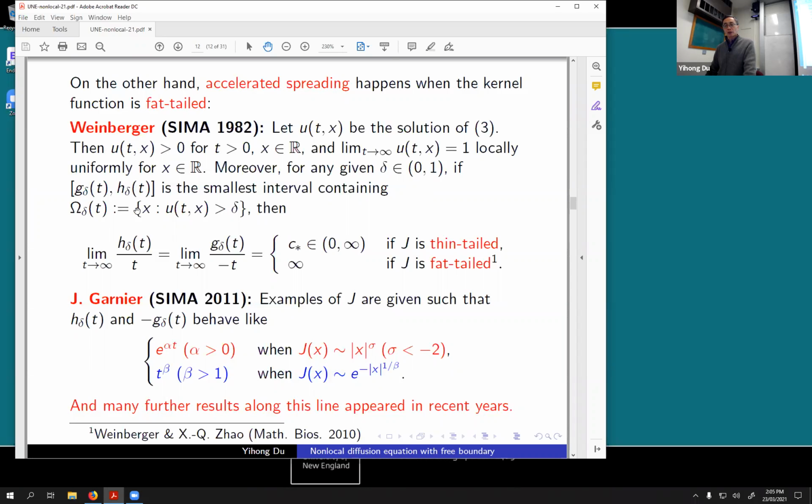From that paper you can deduce that if we consider (3), the non-local version of Fisher-KPP, then you have roughly similar behavior. When t goes to infinity, the population density converges to 1, locally uniformly in space.